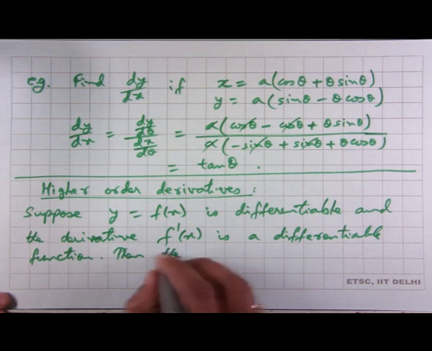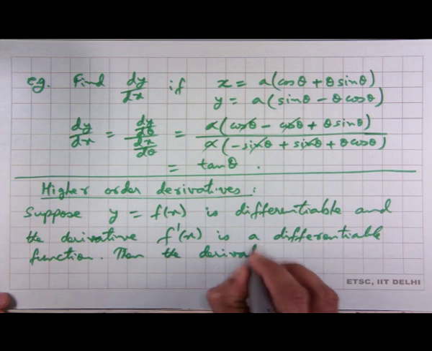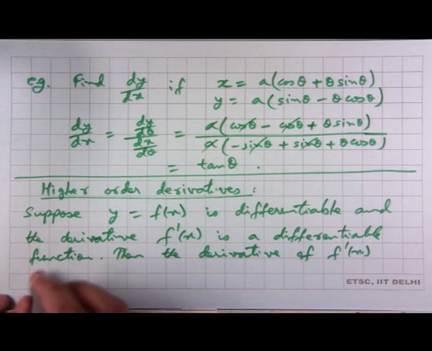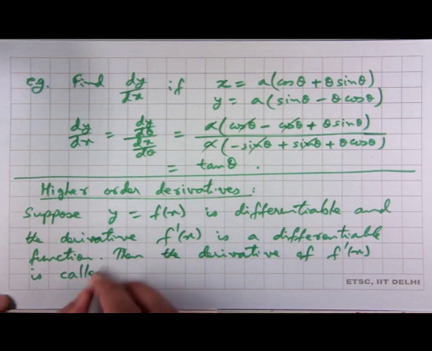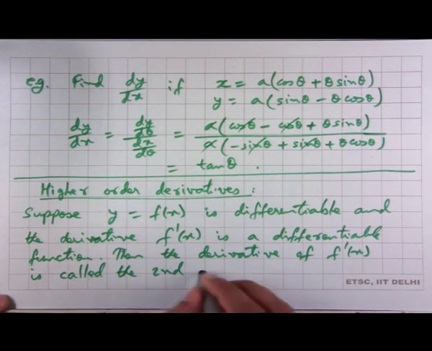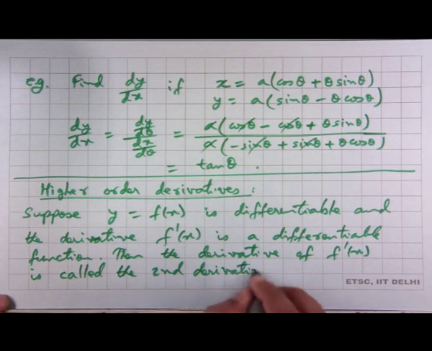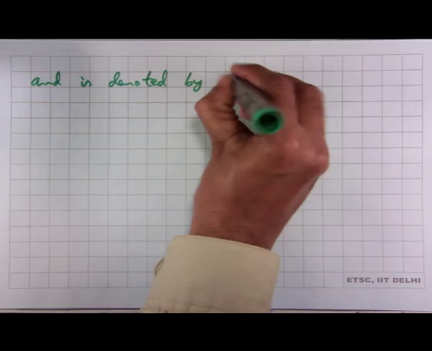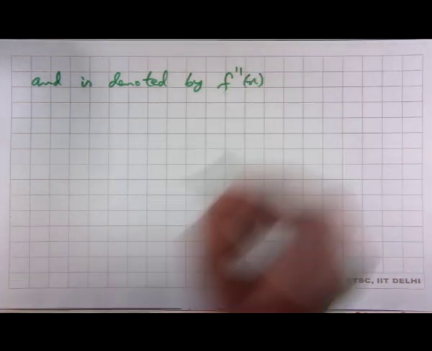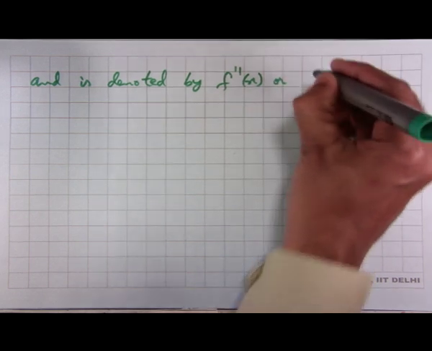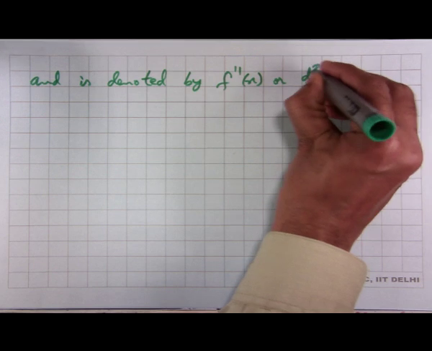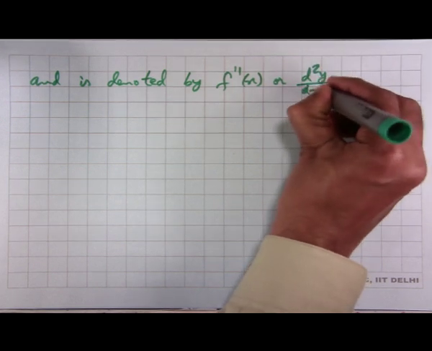The derivative of f prime x is called the second derivative of f x, and is denoted by f double prime of x, or if I write y equal to f of x, the derivative is denoted by d2y by dx square.